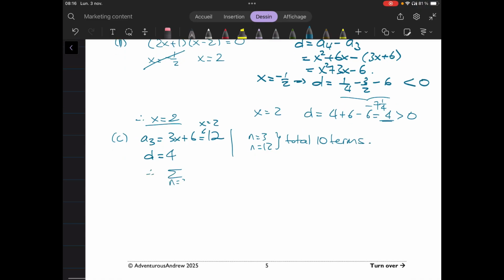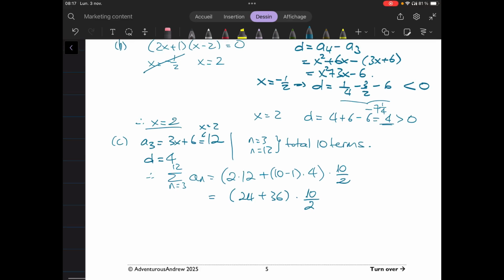Therefore, the sum is going to be 2 times the first term plus 10 minus 1 times the common difference, times the number of terms divided by 2. And you would get 300 as the final answer.